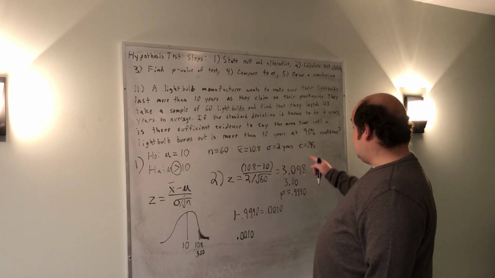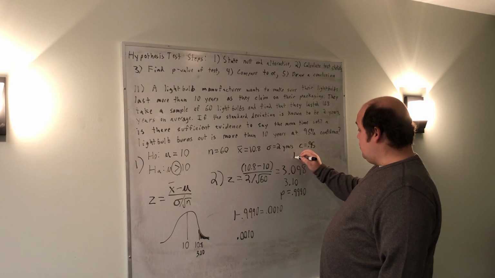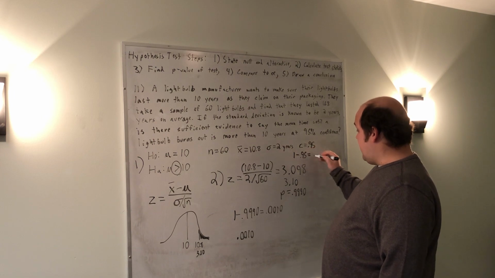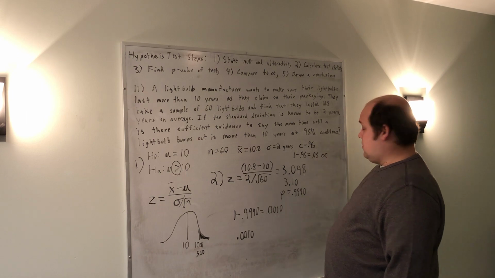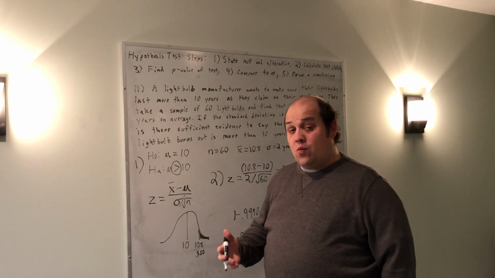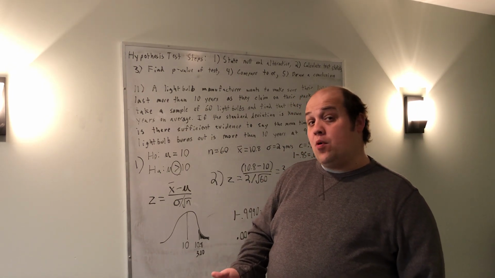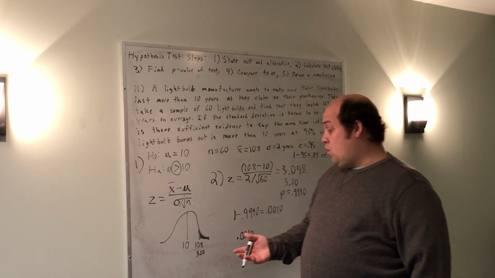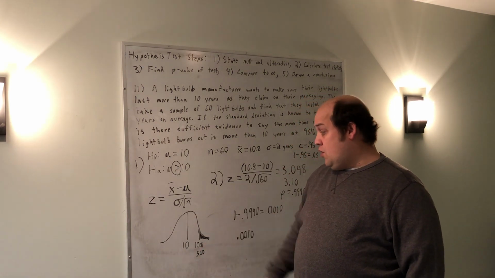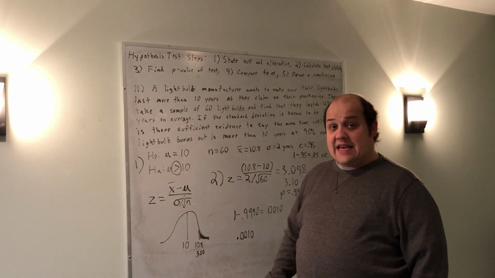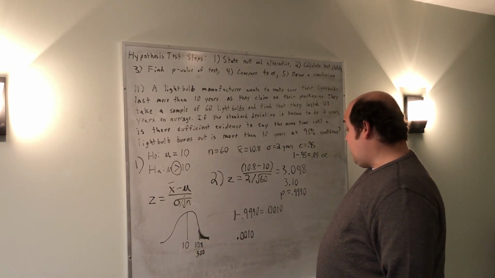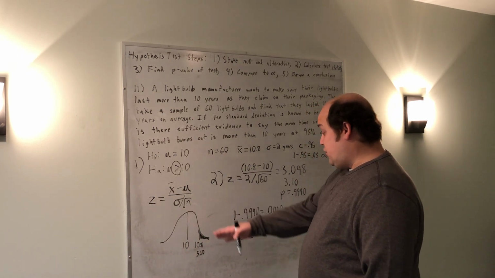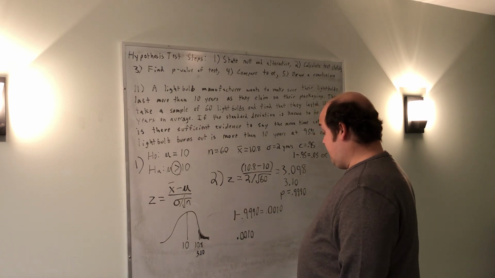Another way of seeing this is if you take 1 minus the confidence level, 0.95, that gives you 0.05, or alpha. Alpha is really a way of saying the chance of making a type 1 error. So the chance that we randomly ended up in here when really the mean was actually 10 is our chance that we made that error in the actual problem.